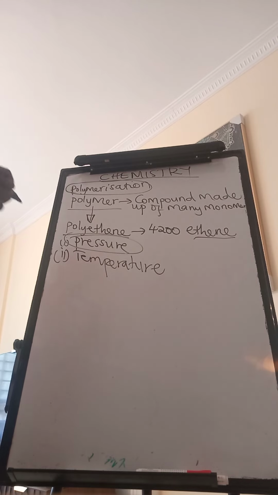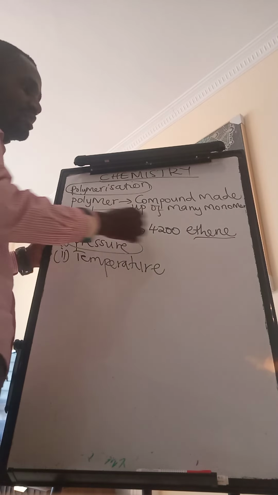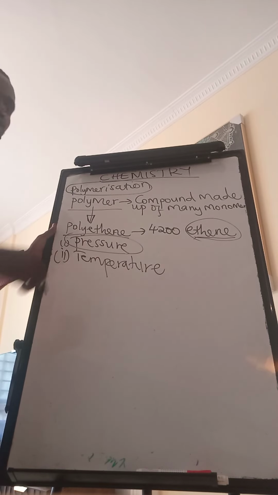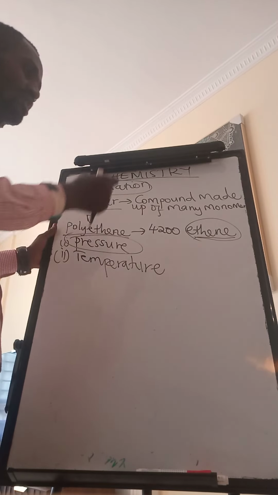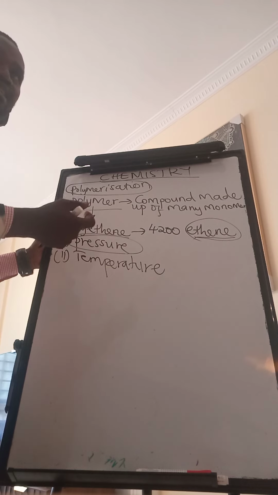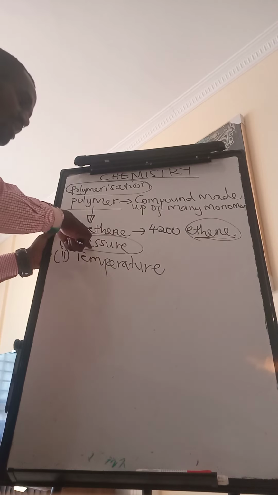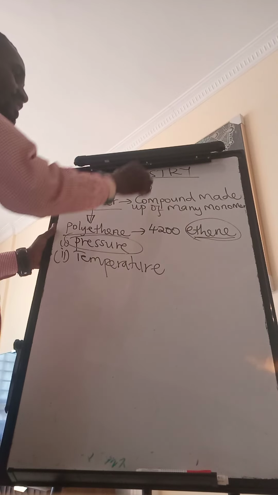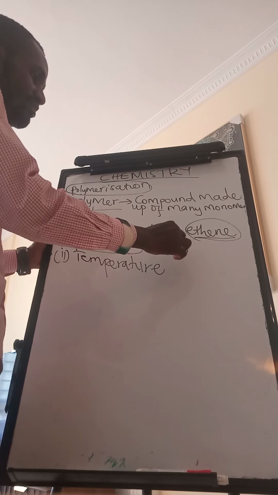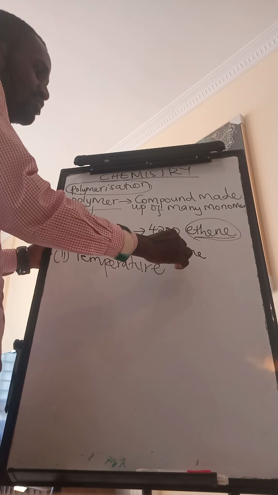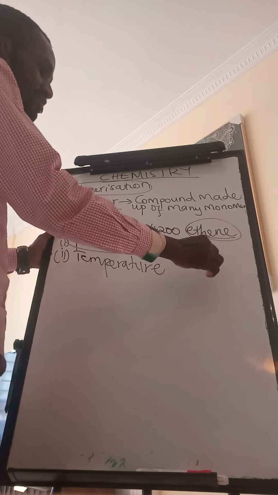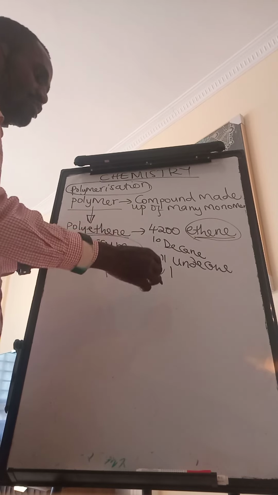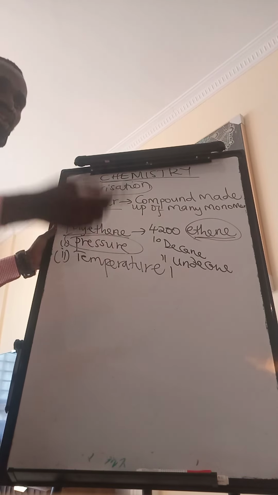If I say polyethylene, I'm talking about the ethene. The ethene becomes the monomer, isn't it? So I expect the monomers to be gaseous compounds, for pressure to be employed in speeding up the reaction. So I can't use something like decane, or undecane, this is number 10, this is number 11, or dodecane or tridecane.